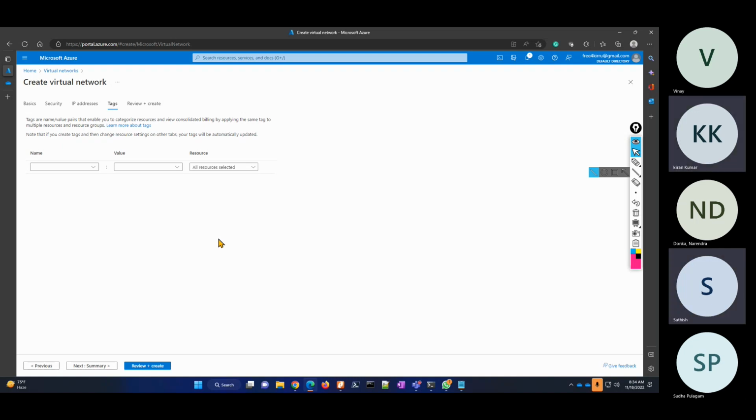Any organization will maintain an inventory of all the infrastructure, but in most cases it won't be proper. It is secondary, but obviously we should maintain the inventory.